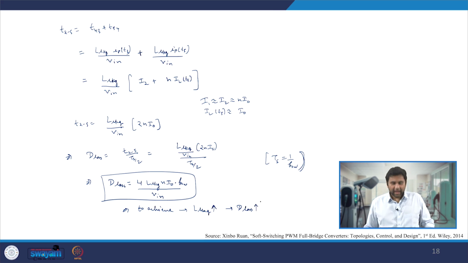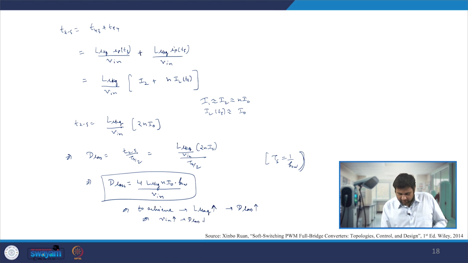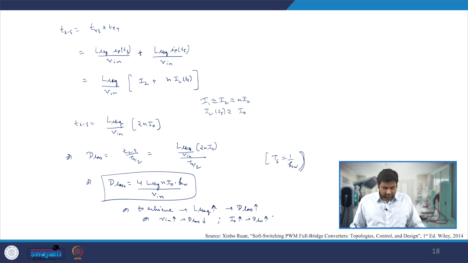If we look very carefully, I will lose more D if I go for a very large value of L leakage in order to ensure the lagging leg also goes to ZVS during turn on. Here we can also see that if my Vin is increased, my D loss goes down. We can also see that if my I naught increases, my D loss increases. That means for larger loads my D loss will be more.